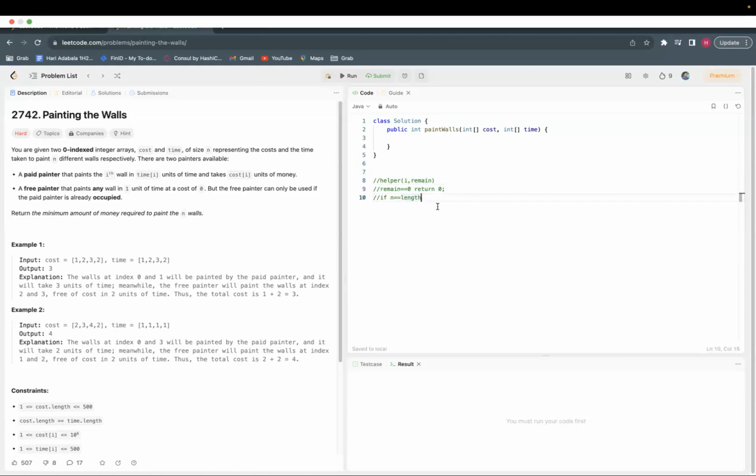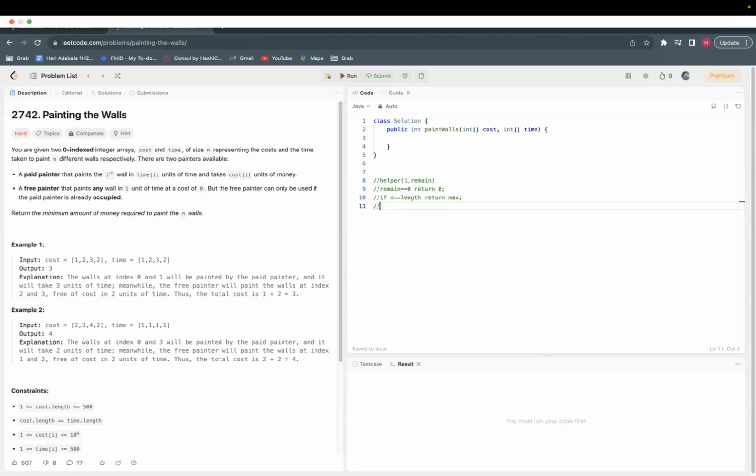We have achieved the target, so we need to return 0. If we have not achieved it, but we have crossed the length, then we need to return some maximum value, integer max value. So this is the base case, and now we will calculate this solution.